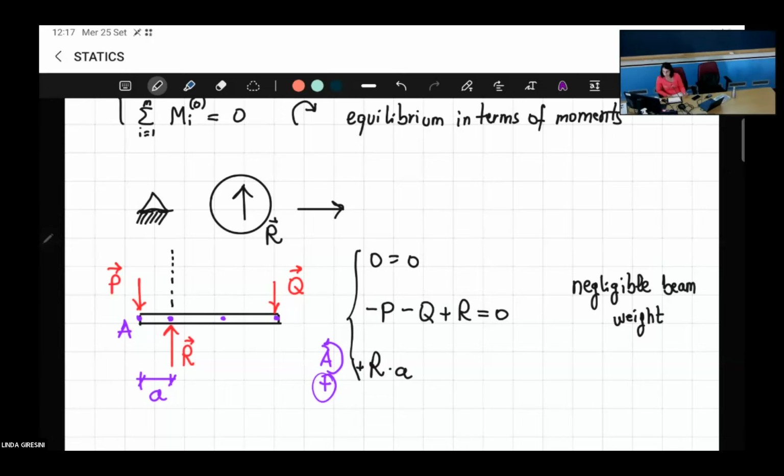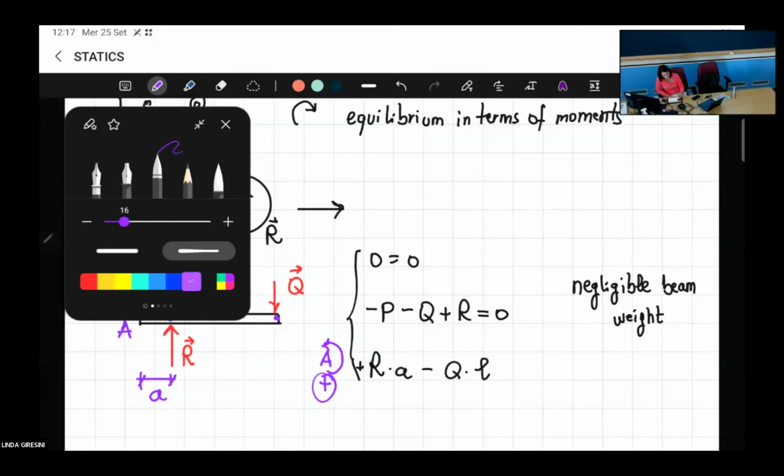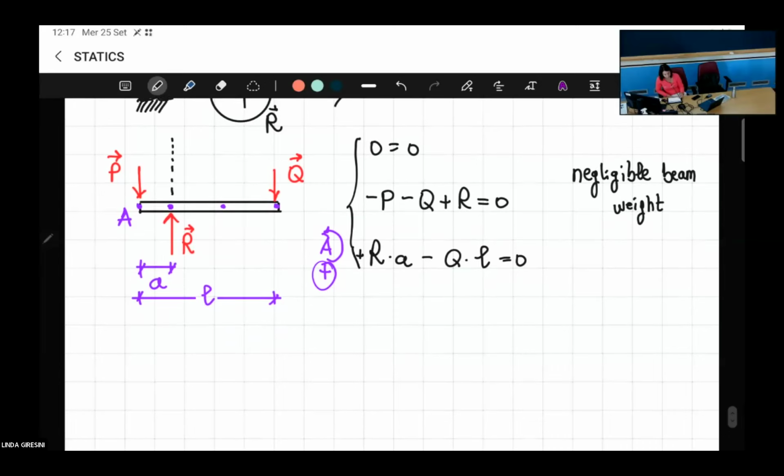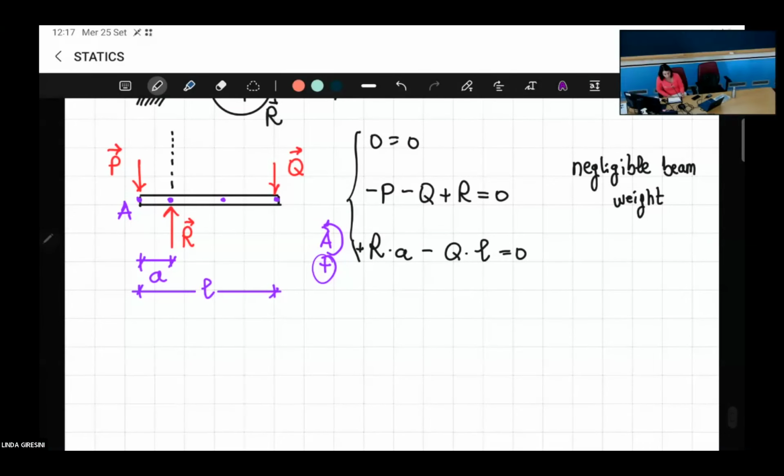Then what is the other contribution? Minus Q, yes, exactly, times L. Perfect, because L is the total length of your beam, this is L. And this must be equal to 0 because we don't have other forces. So from the third equation, we write it, first of all, R times a equal to Q times L.